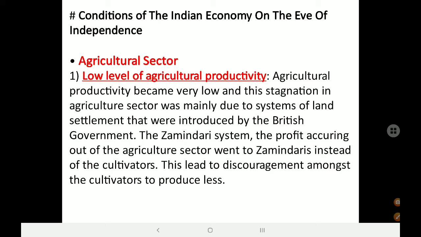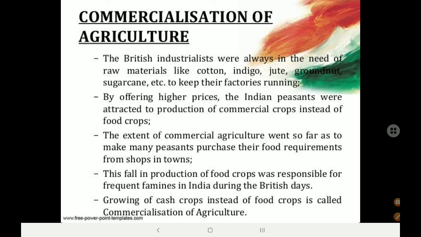The Britishers encouraged commercialization of agriculture, because commercialization of agriculture means that farmers were growing crops for sale in the market and not for self consumption.